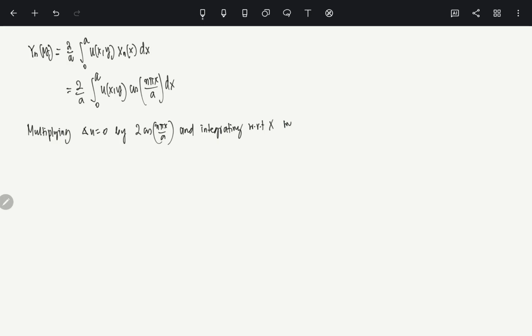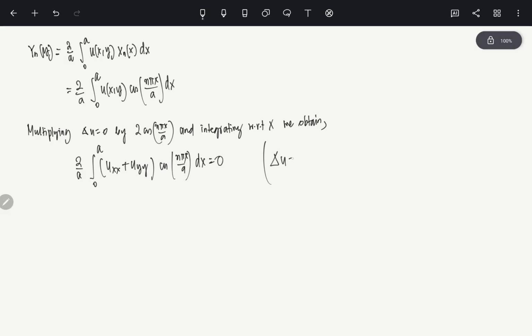Of course, we obtain 2 by a, integral 0 to a, (uxx plus uyy) cosine of n pi x by a dx equals 0. Clear? We are just multiplying the equation. See, Laplacian of u equals 0, that is given to us. So we are just multiplying it by the cosine part and then integrating it. That's the thing.